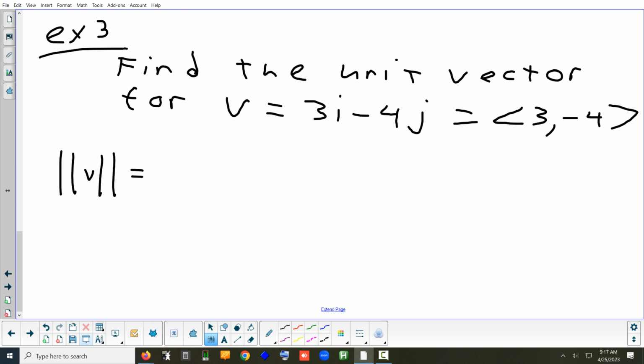How do I find the magnitude of v? Yeah. Okay. Can you give me the formula for it? 3 squared.